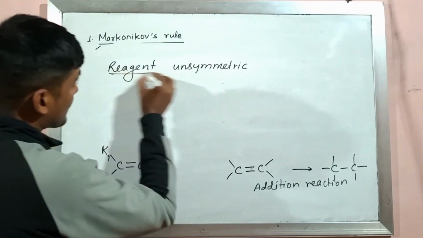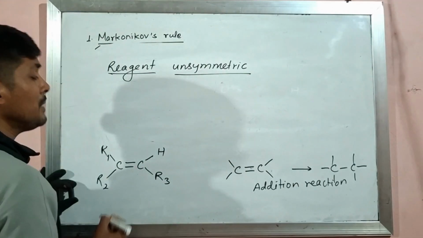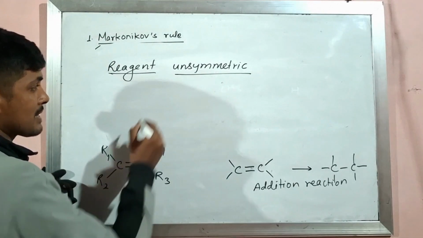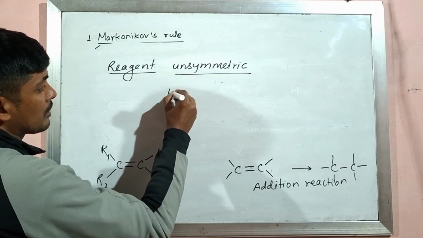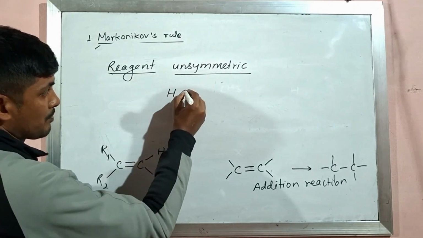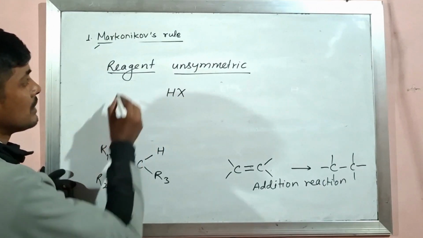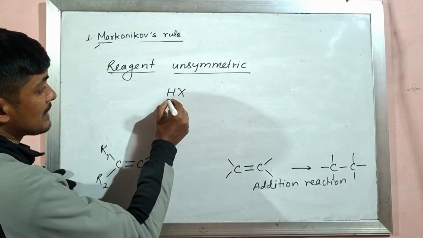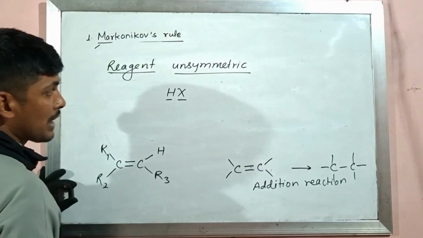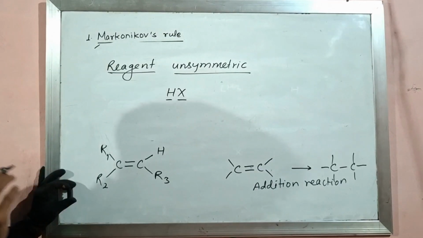So what is an unsymmetric reagent? Generally, acids or hydrogen halides. Hydrogen halides are called unsymmetric reagents because they have two types of atoms.